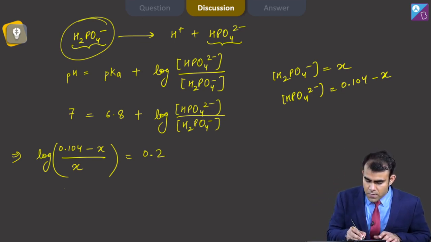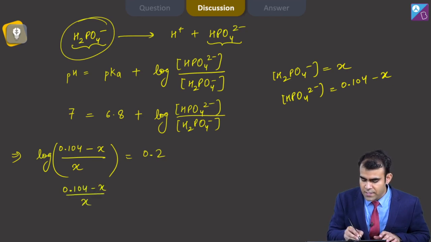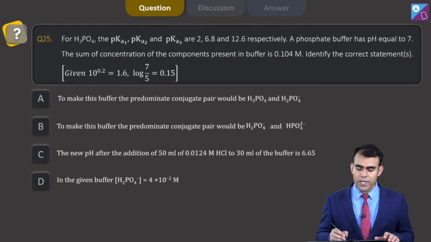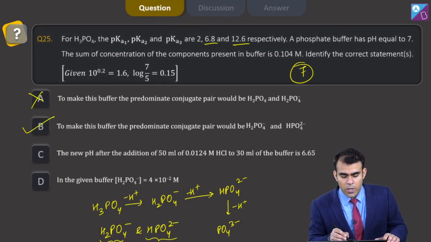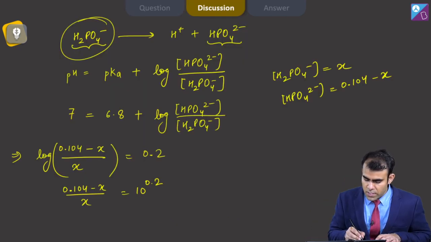Now solving this, 0.104 minus x upon x is equal to 10 to the power 0.2, and we have been given that 10 to the power 0.2 is 1.6. So 0.104 minus x is equal to 1.6x.